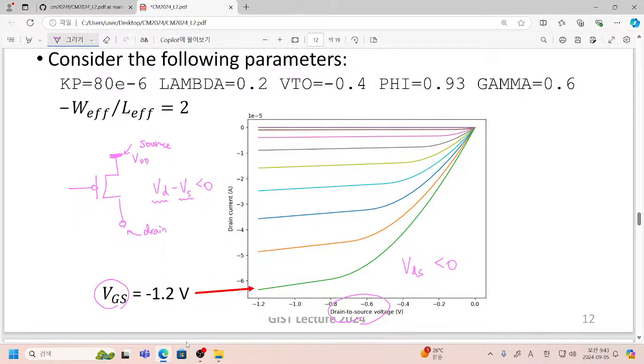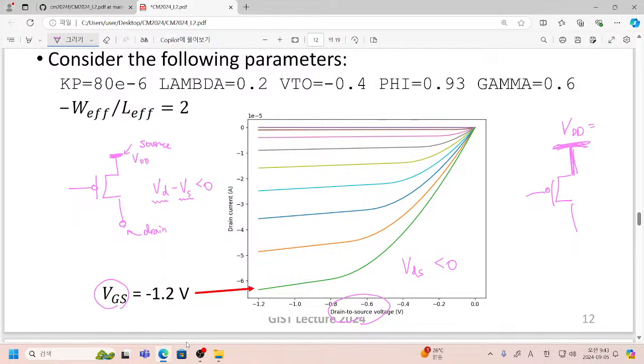For example, let's just think about this one. Usually, VDD is applied to the source of your PMOSFET, and now say that here you have some quantities.